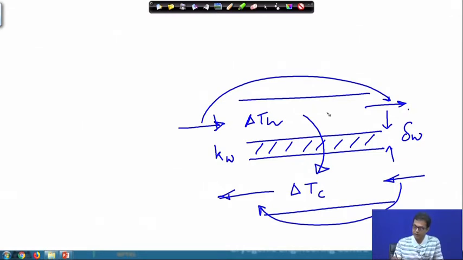Now, this change cannot be unlimited; it is restricted by some resistance, which we have termed the hot fluid resistance, cold fluid resistance, and the wall resistance, though we have neglected the wall resistance in some other cases.